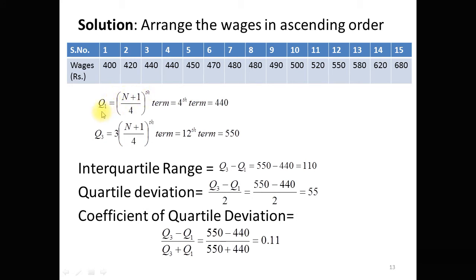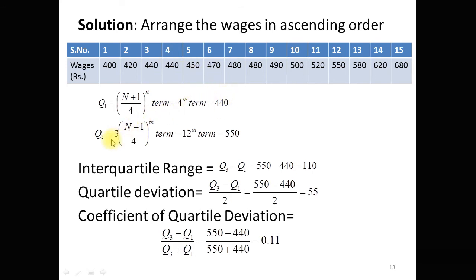The first quartile position is equal to (n plus 1) divided by 4. Since there are 15 items, 15 plus 1 is 16, and 16 divided by 4 is equal to the fourth item. And the fourth item in this data, you see over here, is 440. So this is the first quartile.